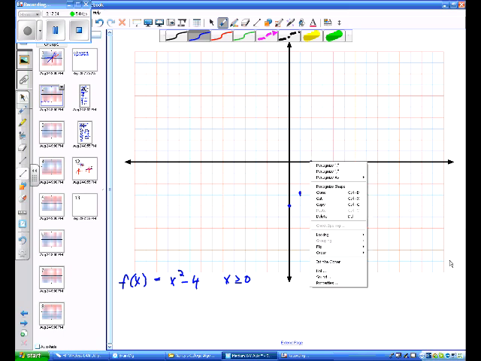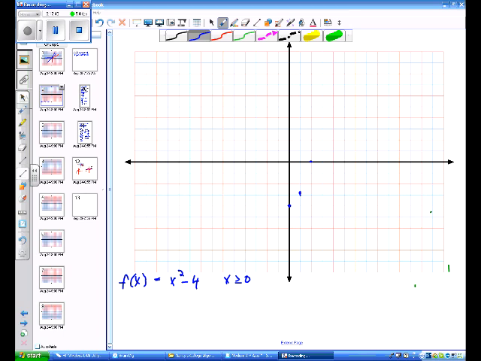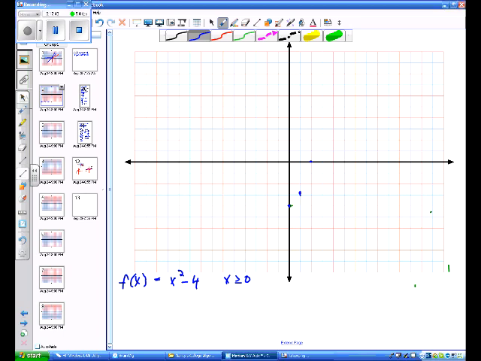If we graphed a few others of these, we would have our parabola that will keep on going, but we're only going to start at x equals 0. So we would have the parabola.